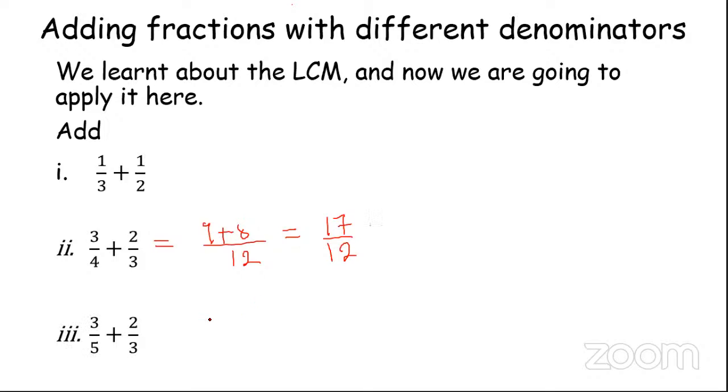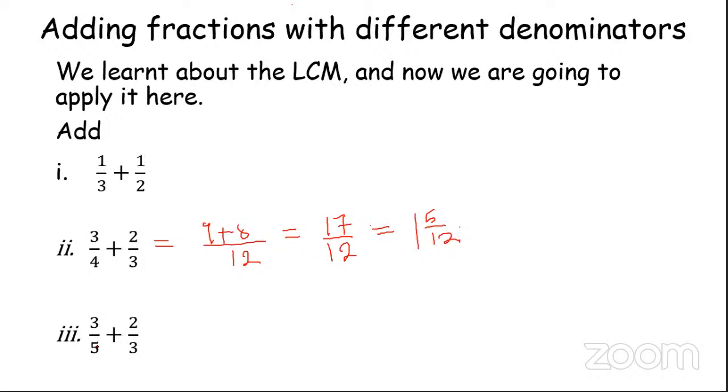Then we have, yes, Isaac? Excuse me, teacher, shouldn't we reduce it? To 1 and something. 1 and 5/12. It is also okay to reduce it. Okay. Thank you.